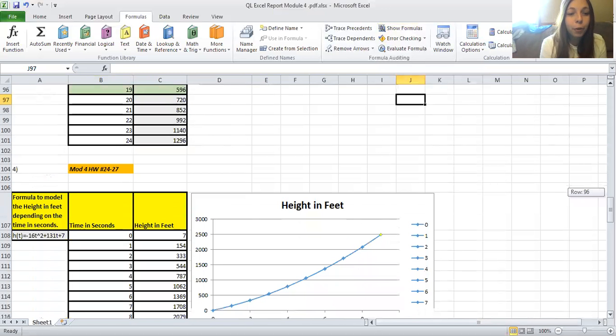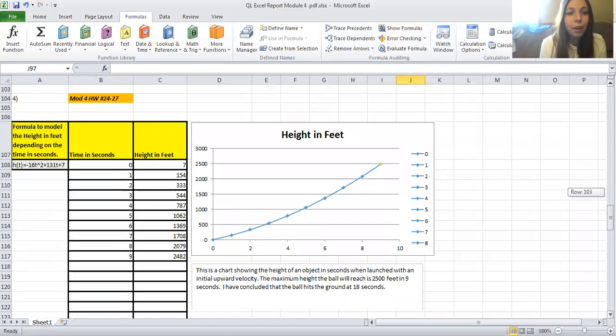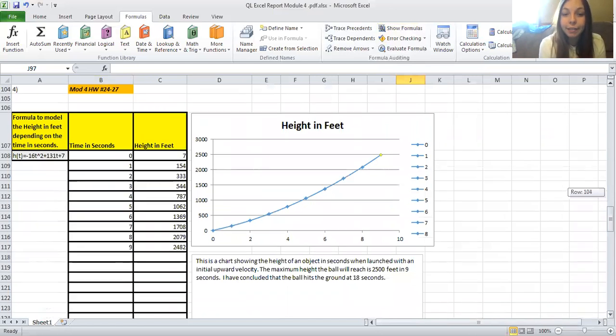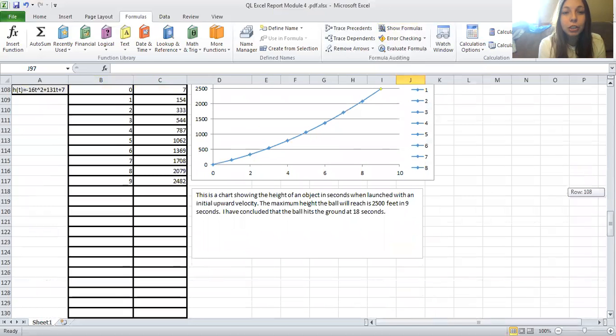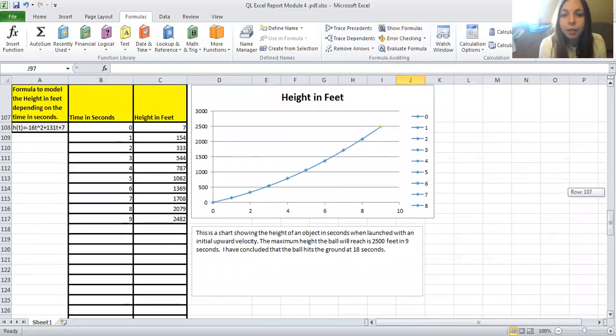Going on down to number 4, we have the height of an object in feet in how many seconds. So I've created a chart here showing an initial upward velocity, and the maximum height of the ball will reach around 2,500 feet in 9 seconds.